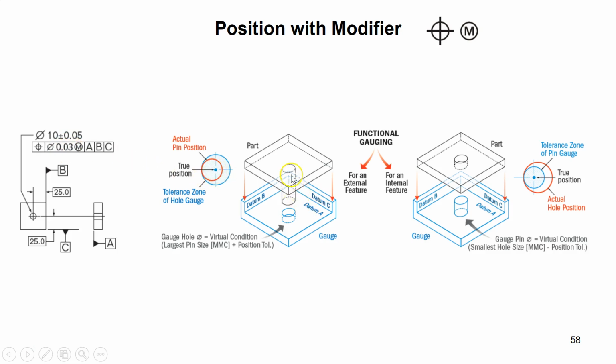So if I look at this shaft and the hole from the top view, where the red is the shaft and the blue is the hole, this center here is what I want to have, true position, right? But this red one is the shaft, and the center of it is off, and this offset is 0.03.